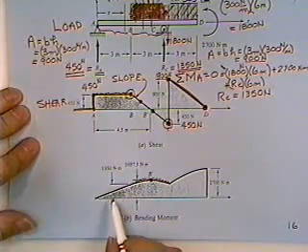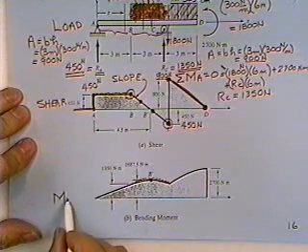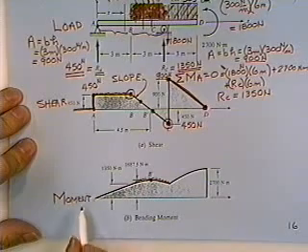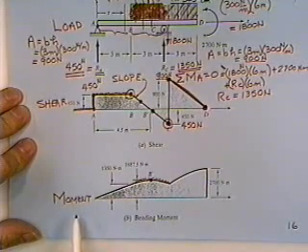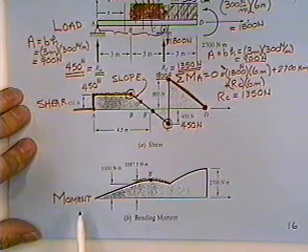Alright, next thing I'm going to do is go down and draw a bending moment diagram. Incidentally, that shear diagram is very useful. I can now tell you where the peak shear occurs. The peak shear is 900 newtons.